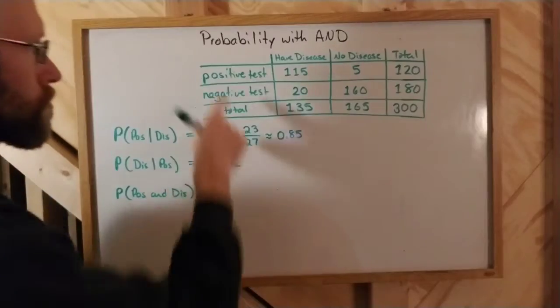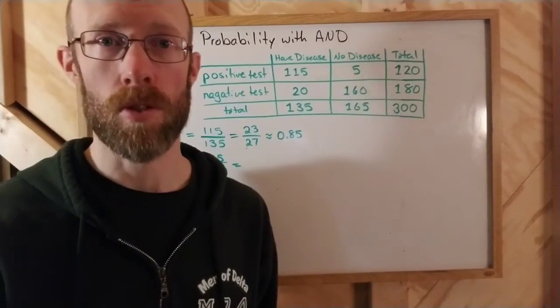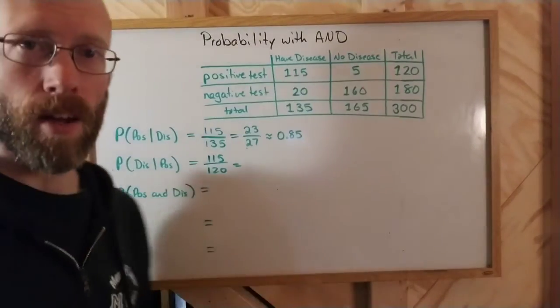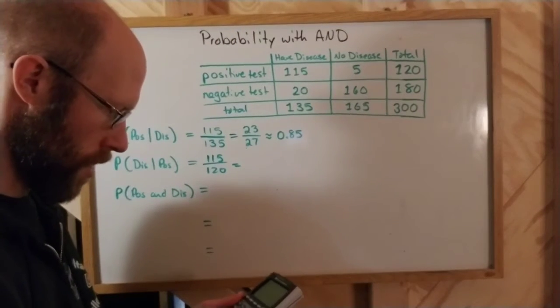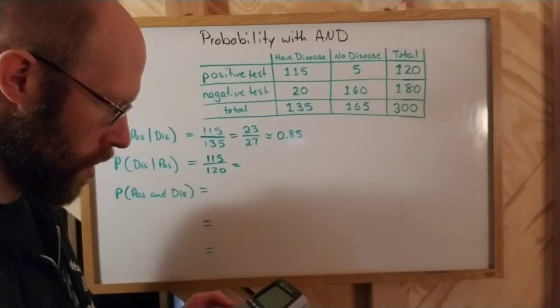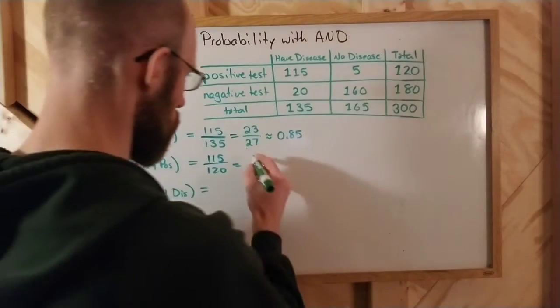So if you assume a positive test, you say, I got a positive test, what are the actual chances that I have the disease? It's 115 out of 120 according to this data. And calculating that, 115 divided by 120 is 23 out of 24.